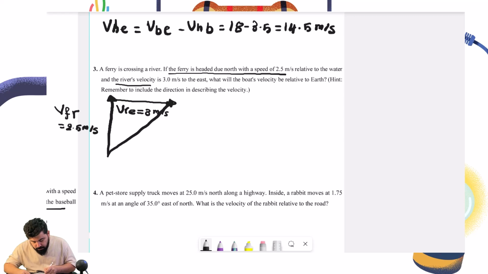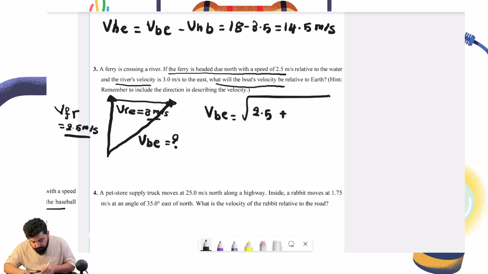The question says, what is the boat's velocity relative to Earth? So the velocity of the boat relative to Earth is equal to the square root of 2.5 squared plus 3 squared.